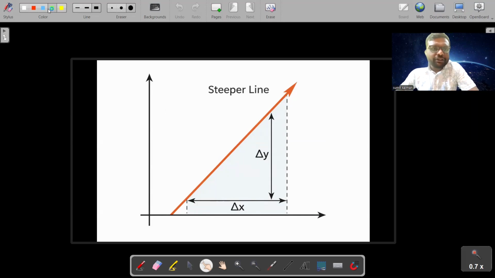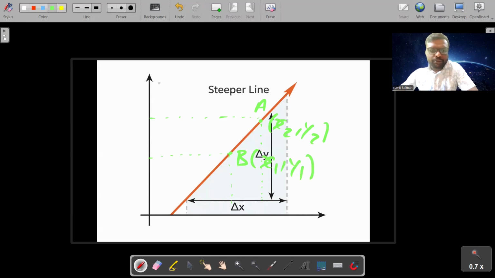Now students, we define slope. Suppose that we have this coordinate here, x2 y2, at point A. Suppose that the coordinates at point B are x1 y1.